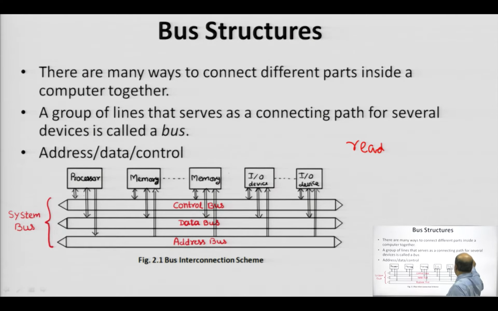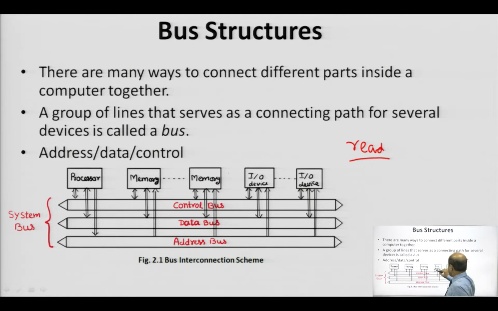And in parallel to the address transfer, the read command is issued by the control unit through the control bus. The control bus carries a command or control signal, read. So, whosoever address matches with the address bus data, that component will receive the command or control signal, read.